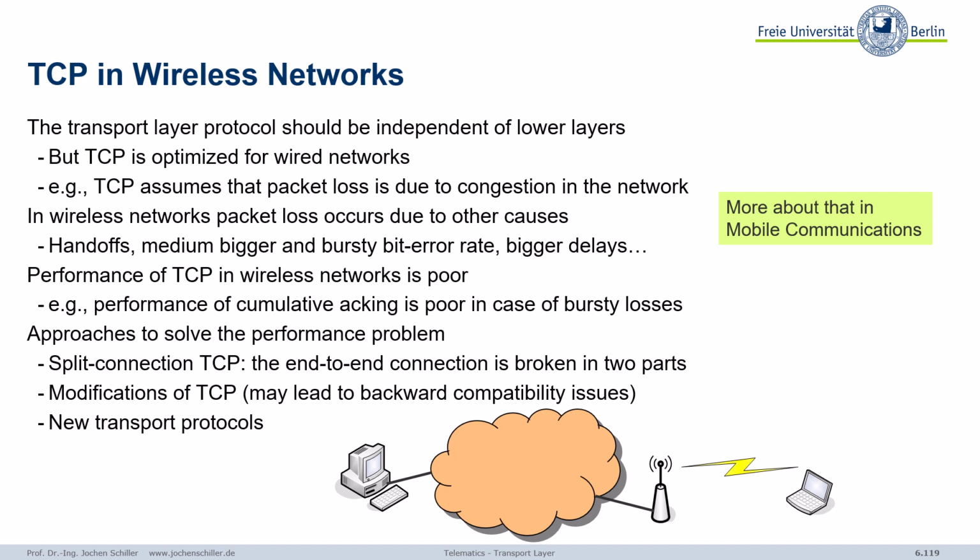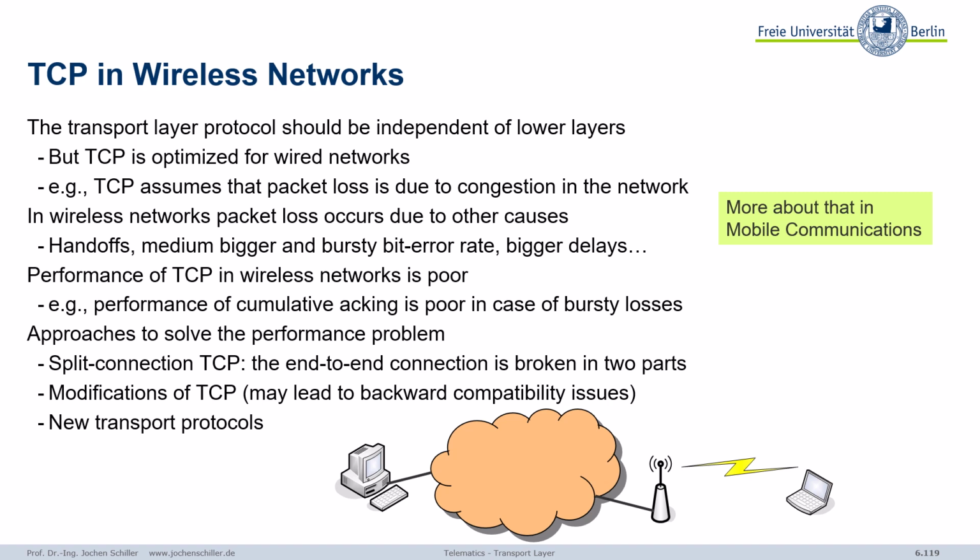So all this cumulative acking doesn't really work because we have burst errors. Cumulative acking was nice if you drop a single segment, not if you lose several. There are some approaches to solve the performance problem. Some of them break the end-to-end idea of TCP, like split-connection TCP, and some modify TCP, but then we have backward compatibility issues.